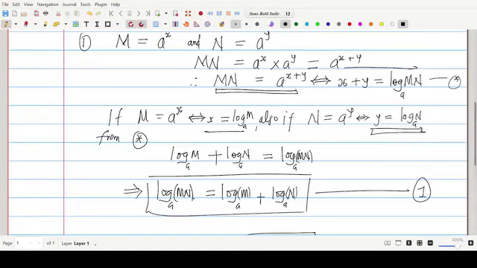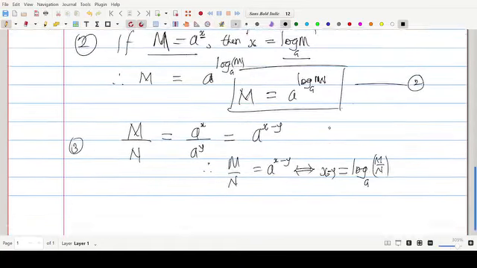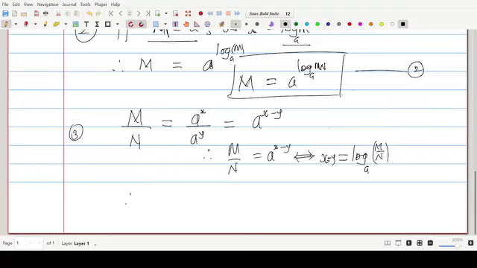All right. So putting this expression of log in the place of x and y, we have that for x, we have it as log to the base a of m, minus, for y, we have it as log to the base a of n, and that is equal to the right hand side, which is log to the base a of m over n.